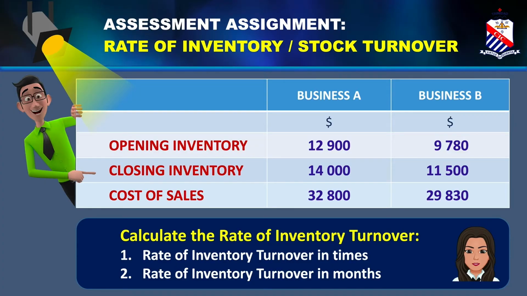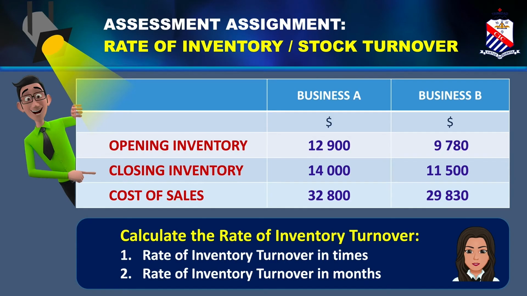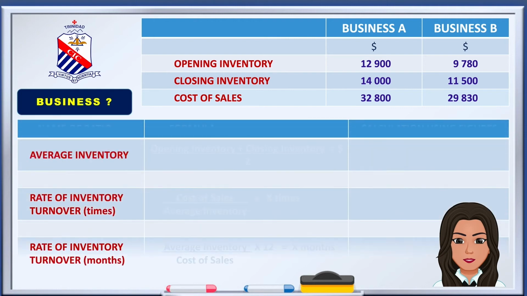They're asking you for the rate of inventory turnover, both in times and in months. So you have to work out the turnover ratio expressed in times and expressed in months. This is a way that you can put it. So here's your question on top here.